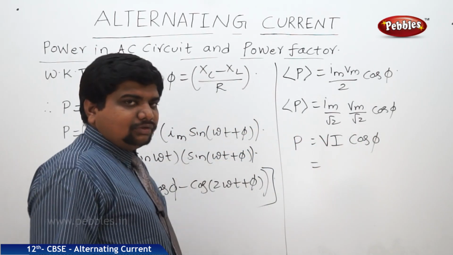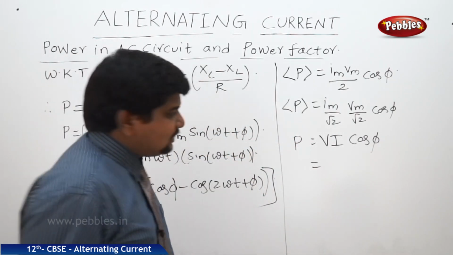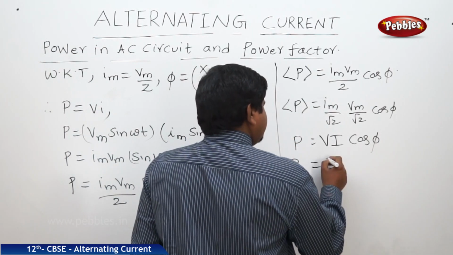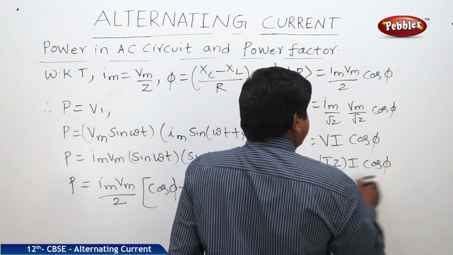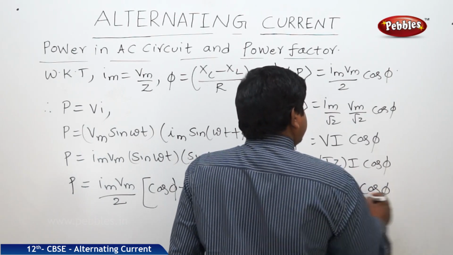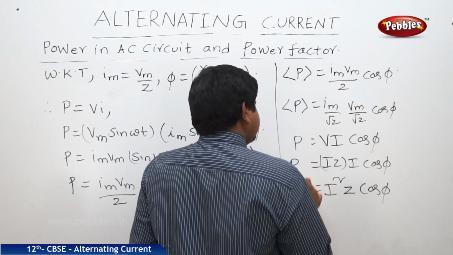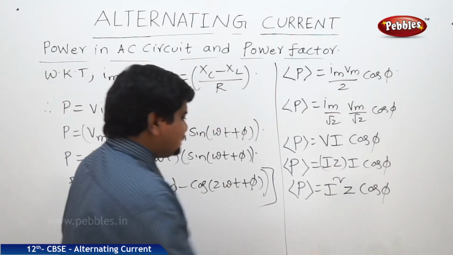V is equal to IR. In place of R, we are introducing the concept of impedance. That's why P is equal to Iz into I cos phi, I square z cos phi. This is the power. We got the final expression.